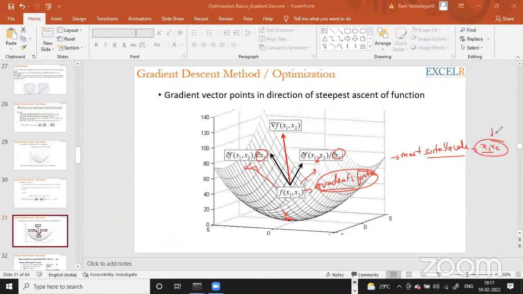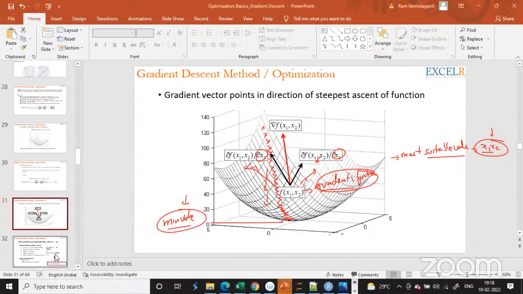That is what you are going to do. So you have to move in the opposite direction of your variables. You have to move in the reverse direction because you have to find the minimum value. That is what you're supposed to do.